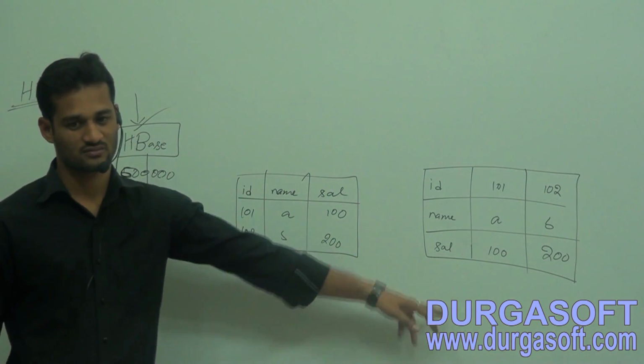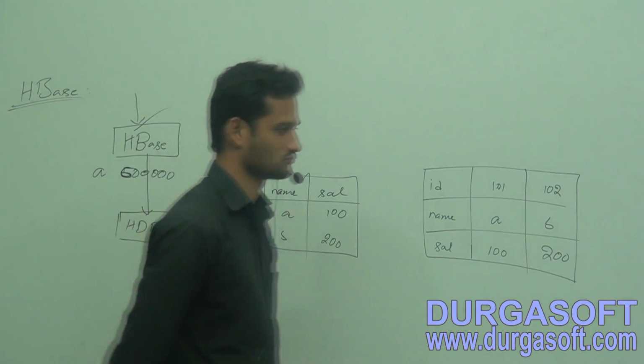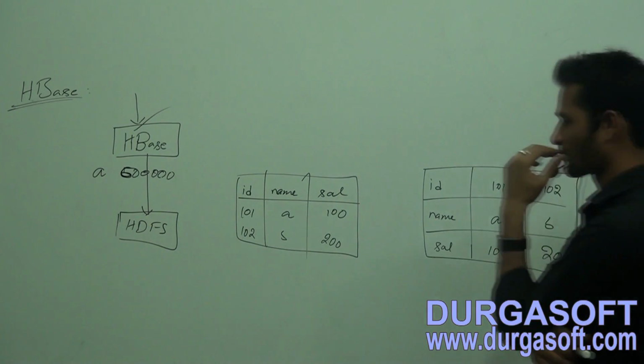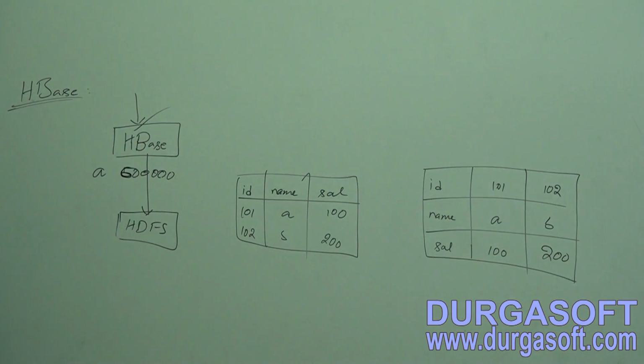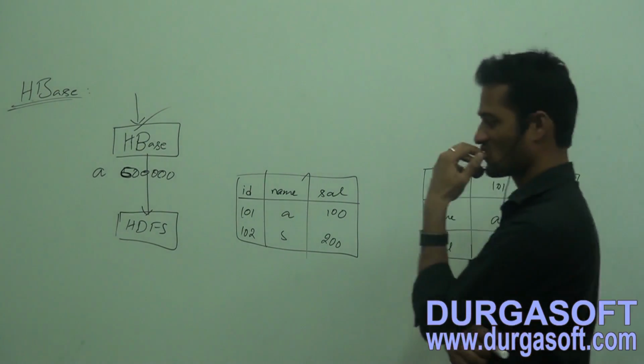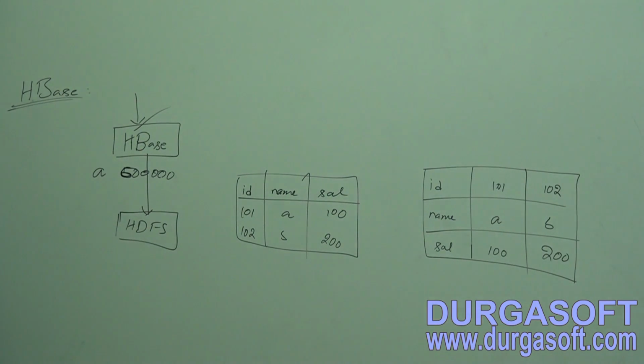This is row format, this is column format. Is this clear?